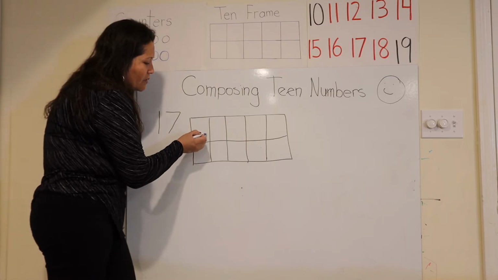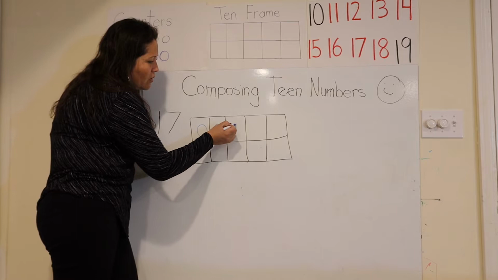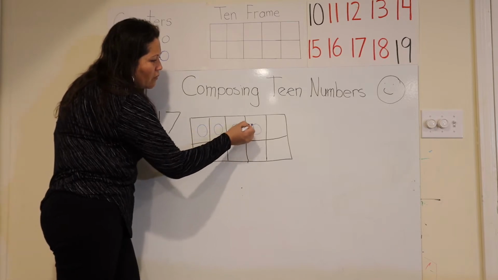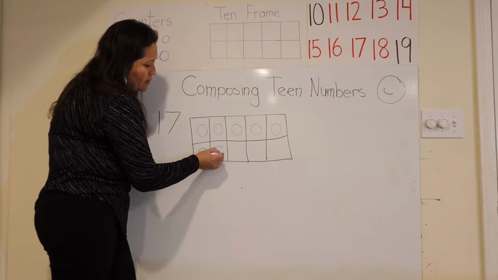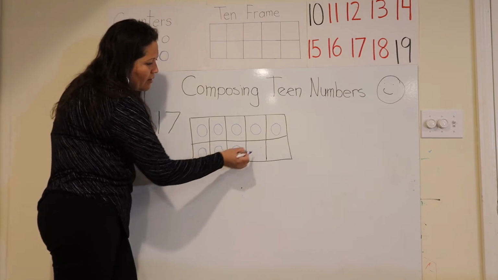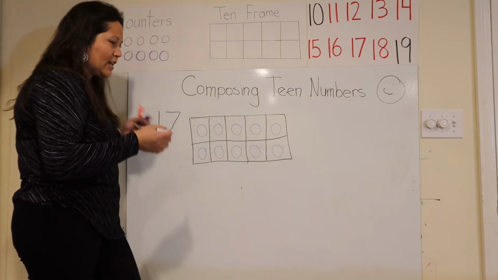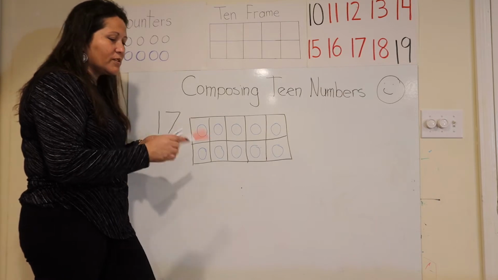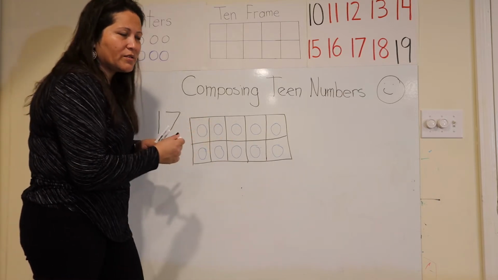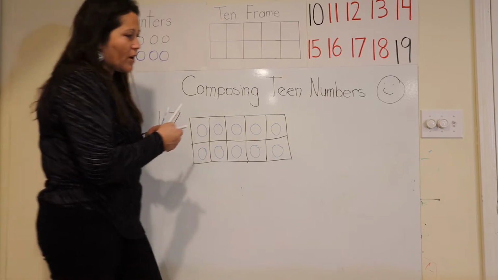So this 10 frame is gonna have 1, 2, 3, 4, 5, 6, 7, 8, 9, 10 counters. So that's 10. Are we at 17 yet?